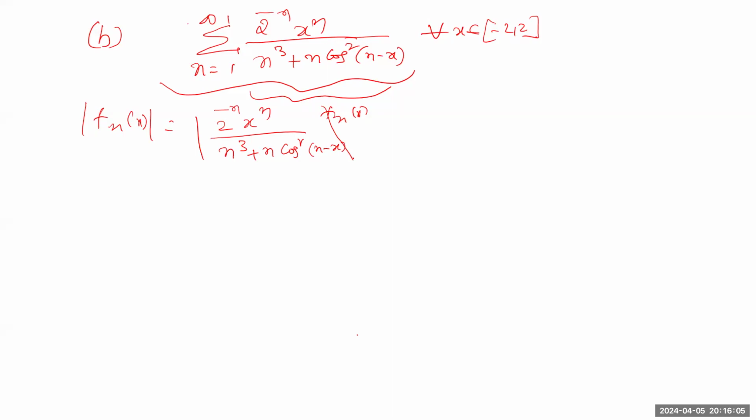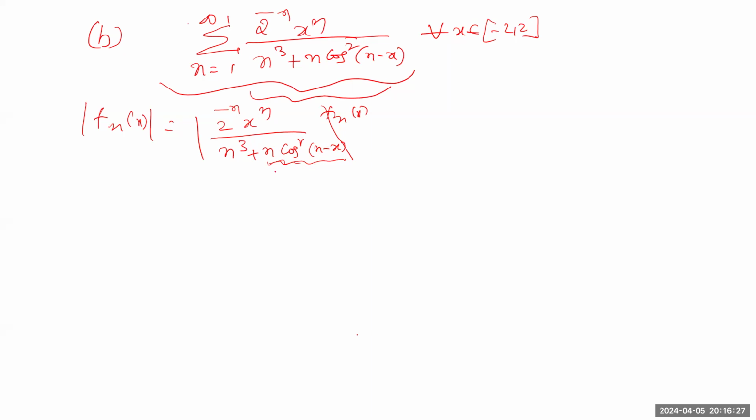What is this value? Here n times cos square of n minus x is there. We know that cos square of n minus x is less than 1. So we will see what that gives.